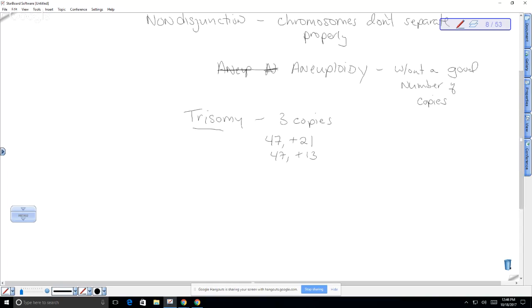We can also have the sex chromosomes. So it could be 47 XXY, right? So this is what is referred to as a sex aneuploid, because we're talking about the sex chromosomes rather than just one of the other types of chromosomes we have.